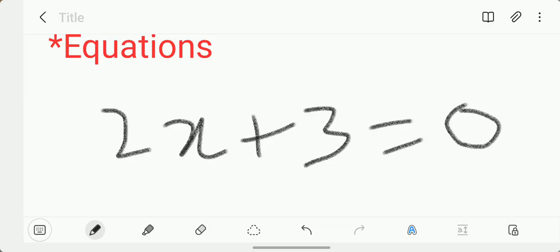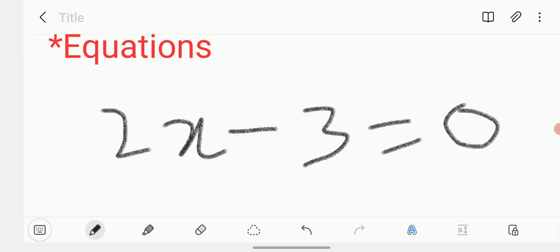Here two terms are there. One is 2x and the other is 3, because these two are separated by plus. It doesn't mean that each and every time you should have plus. No, it's not necessary. Sometimes you can have minus also. Plus or minus. When the numbers are separated by plus or minus, we can say them as terms.